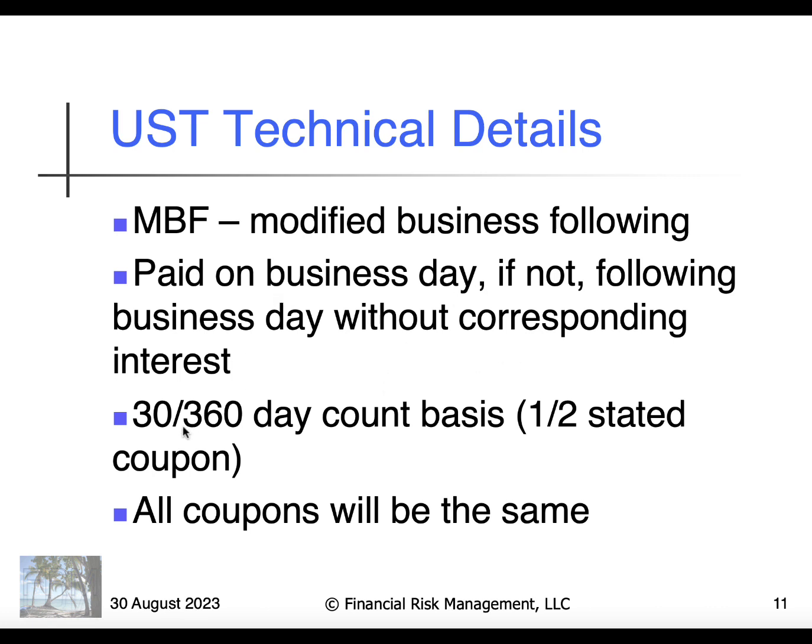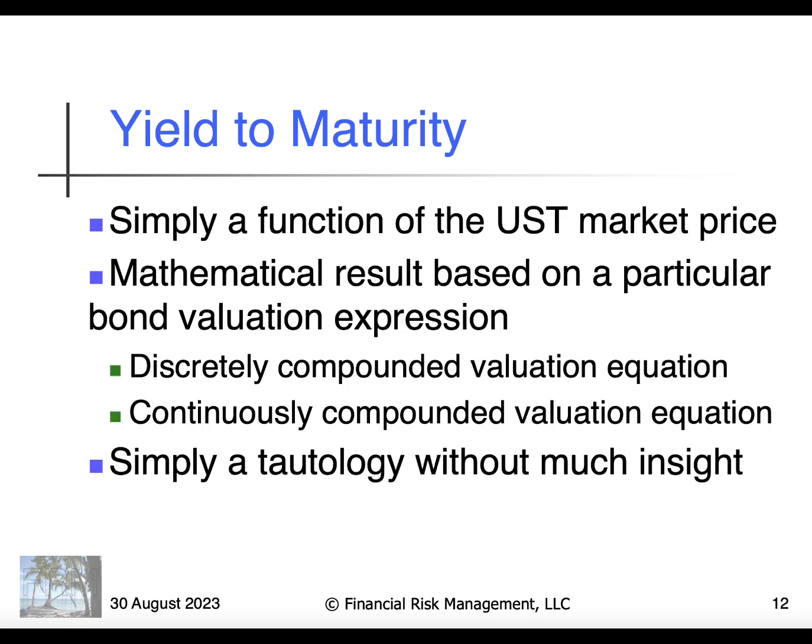U.S. Treasuries are quoted on a 30/360 day count basis. Thus, each coupon is 1/2 of the stated coupon, and all the coupons on a particular bond will be the same. The yield to maturity is simply a function of the U.S. Treasury market price. We looked at this in Chapter 3 when we were looking at embedded options.